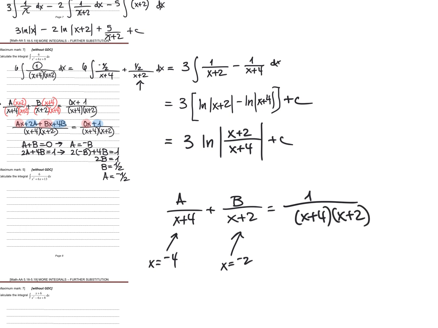Okay, so when we use this one, we cover it up, and we substitute x equals negative 4 into the remaining stuff. So it's going to be 1 over negative 4 plus 2, which is negative 2. All right? That is going to be a.